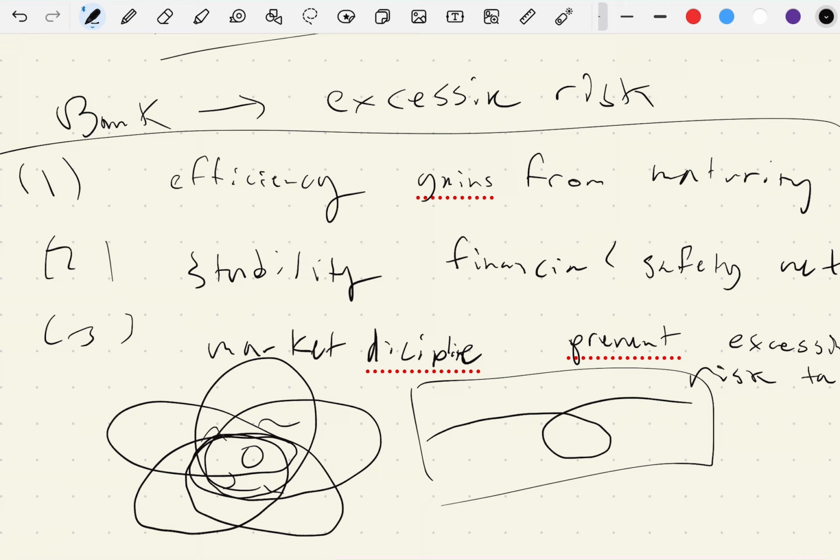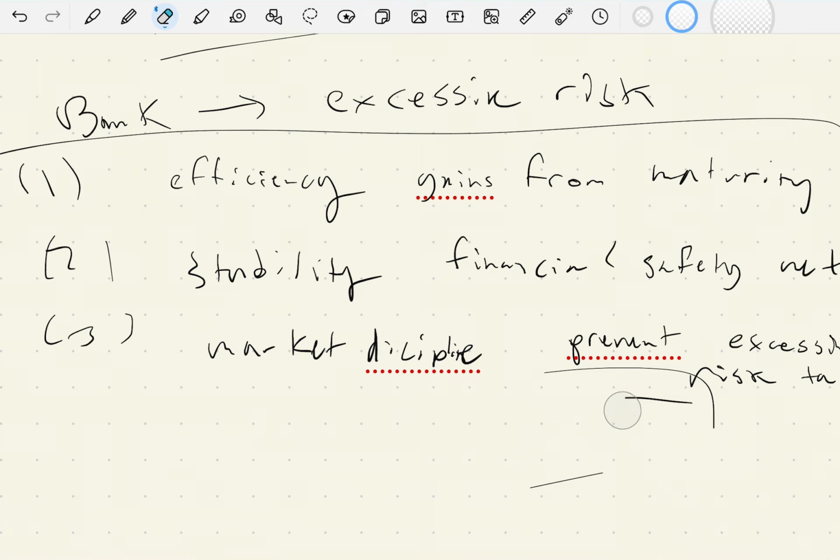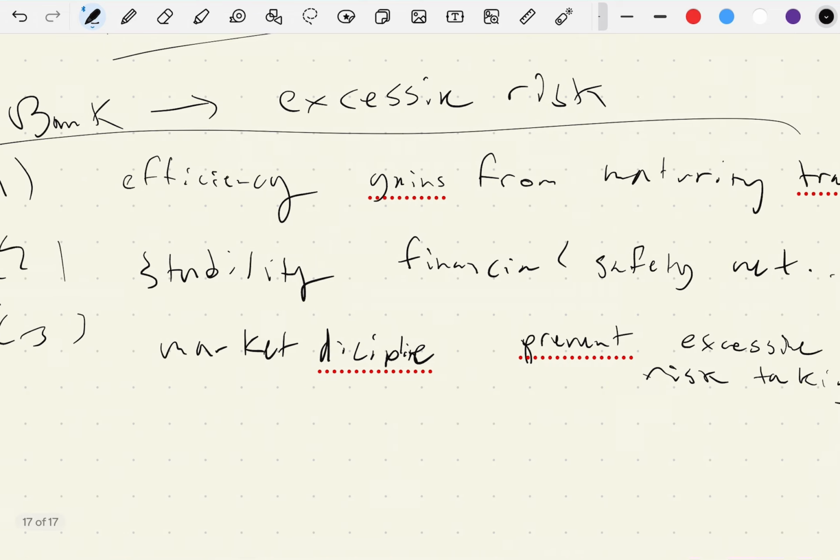We can solve for those things in physics. But what's incredibly hard, to draw an analogy between the objective of a bank and the regulation of a bank, is that it's inherently a three-body problem.